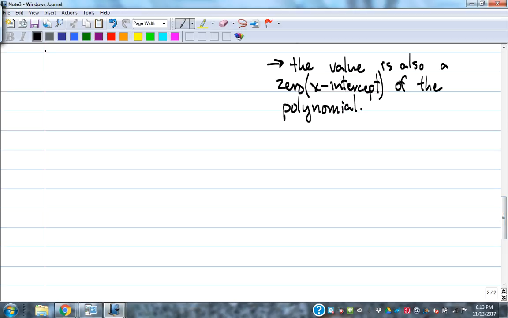All right. So this is what we're going to do. We're going to determine if k is a 0 of f of x.